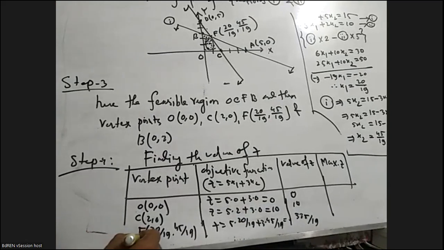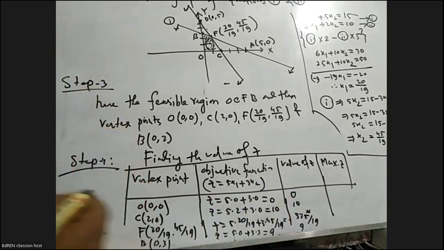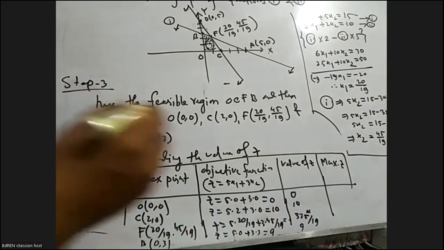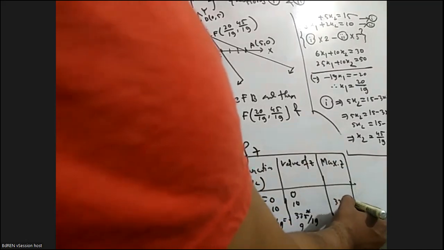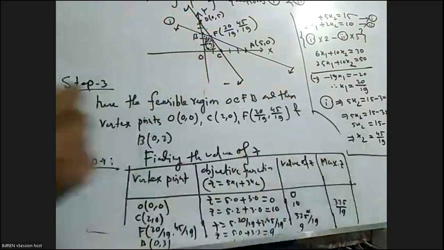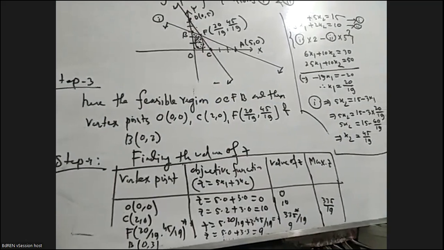Now another point B. B point will be 0, 3. At this point, the value of z will be what? 5 into 0 plus 3 into 3 equals 9. So actually the maximum will be 335 by 19. So the maximum value of z is 335 by 19. This is the result which is attained at the F point. Okay.